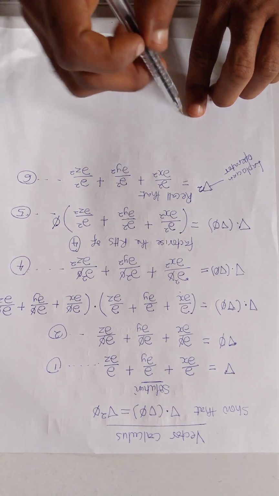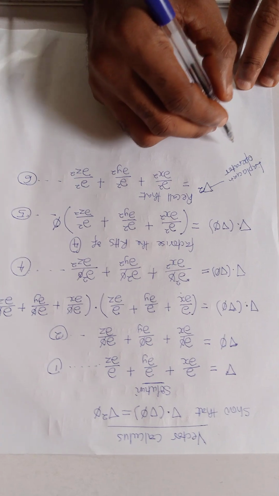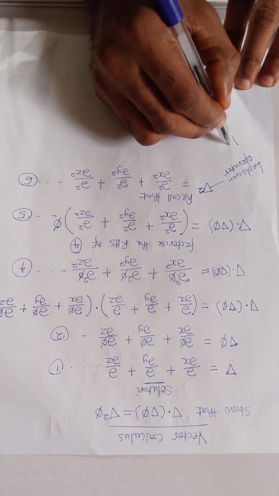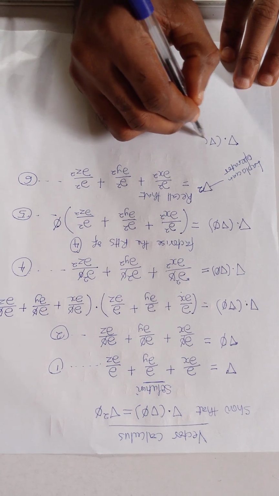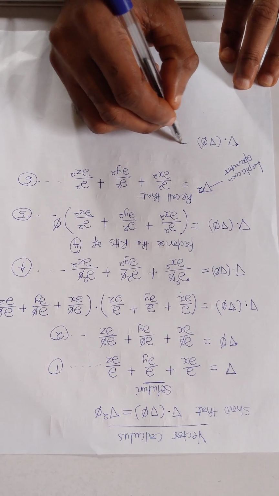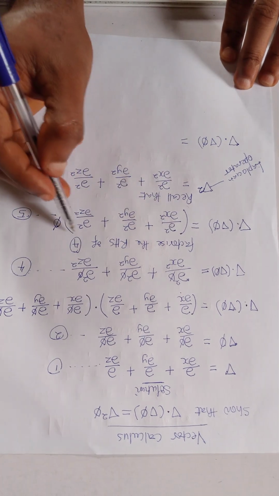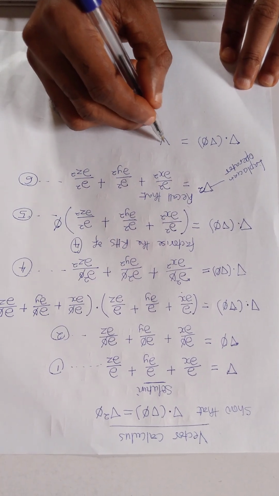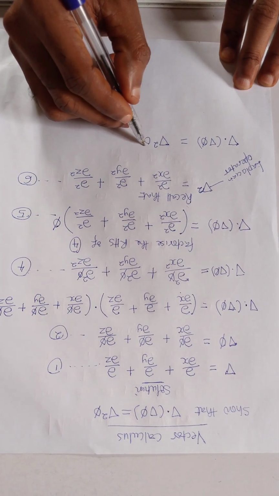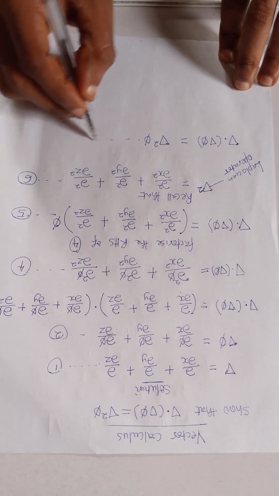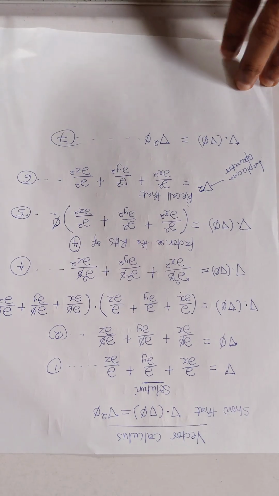So let's replace it in equation 5 so that we have a new equation to be this, equal to the all of this replaced with a Laplacian operator, and then we still have phi multiplying it. So this is equation 7.